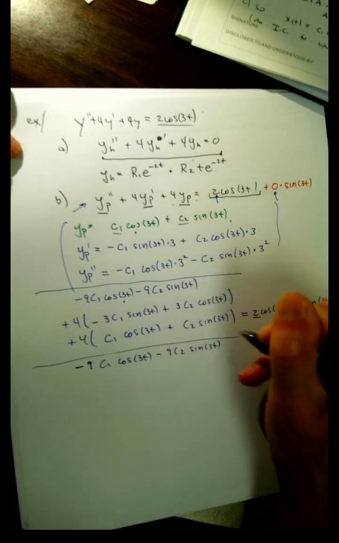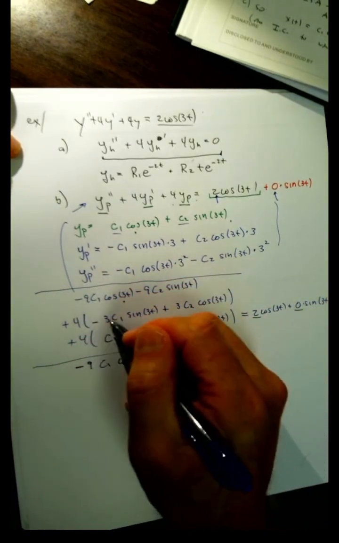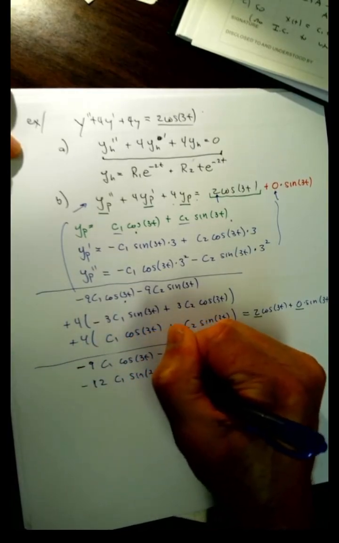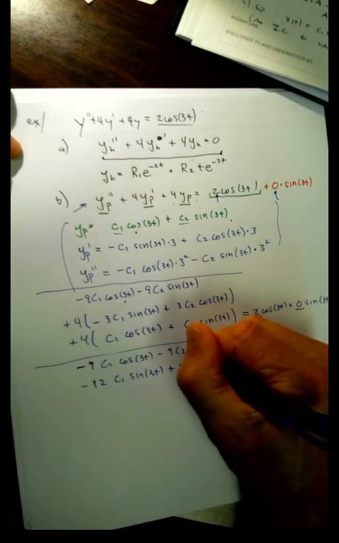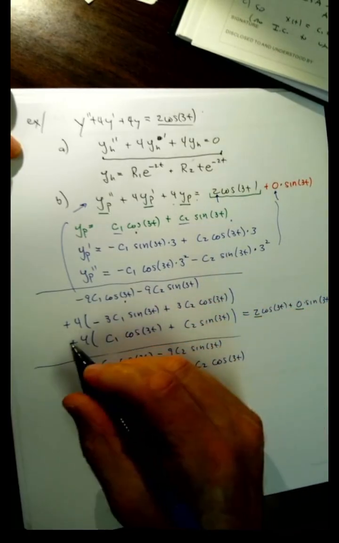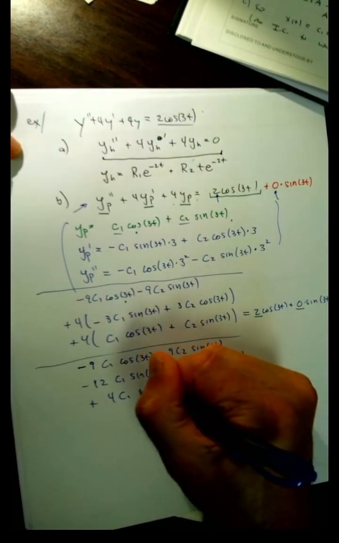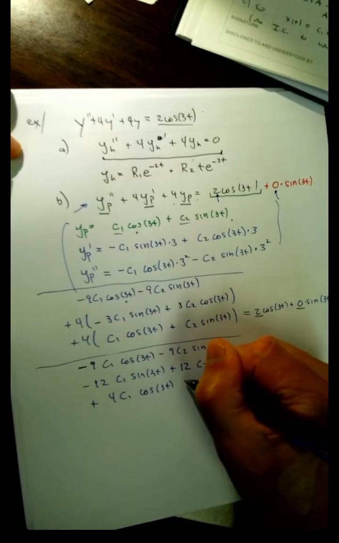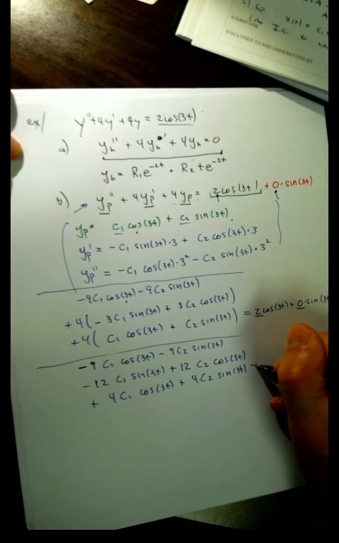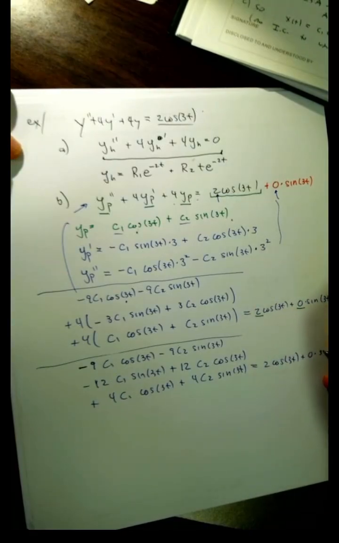So I have minus 9c1 cosine 3t minus 9c2 sine 3t. 4 times minus 3, I'm going to get minus 12c1 sine 3t, plus 4 times 3 is 12c2 cosine 3t. And then multiplying the 4 through, I'm going to have plus 4c1 cosine 3t plus 4c2 sine 3t. All have to add up to 2 cosine 3t plus 0 sine 3t.